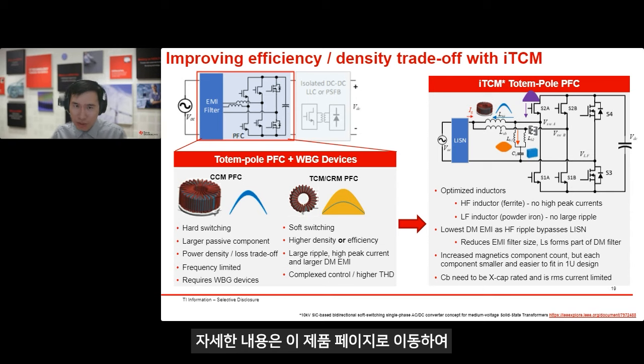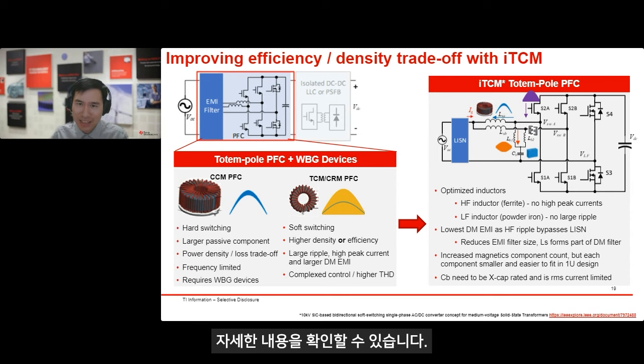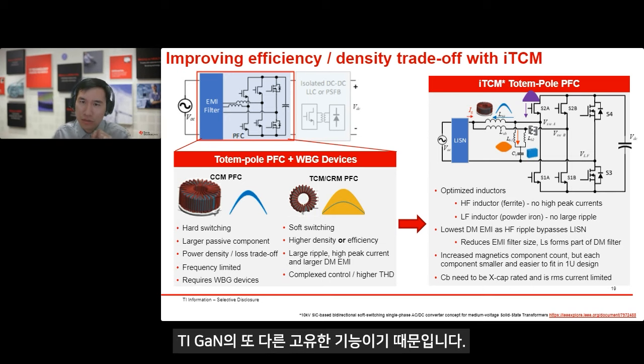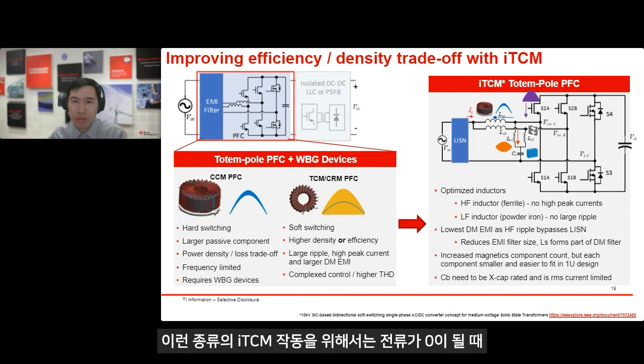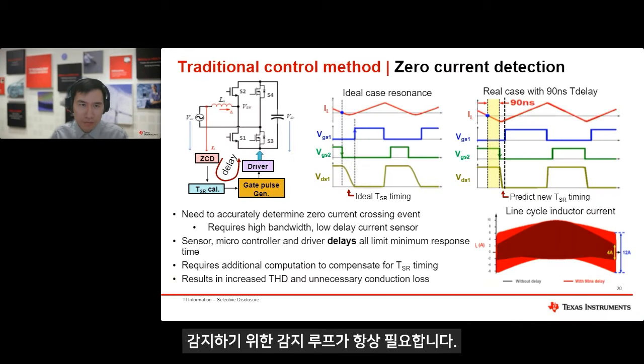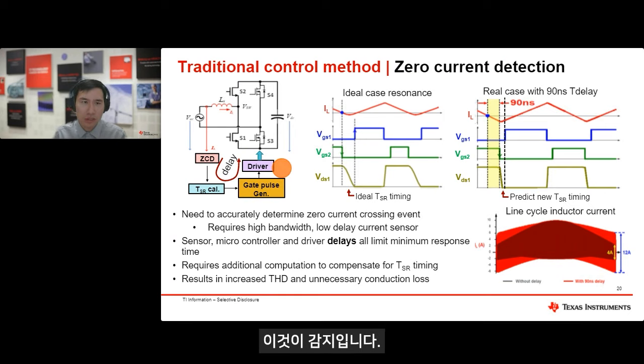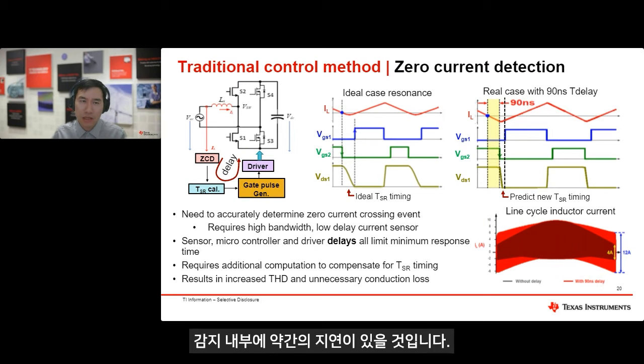For more details, you can definitely go to this product page to see the details. The reason I want to highlight this one is that this is another unique feature of TI GaN. For this kind of TCM operation, you always need a sensing loop to sense when the current goes to zero. But when you do this kind of sensing, you will have some delays inside it.